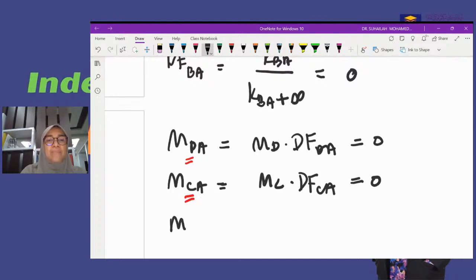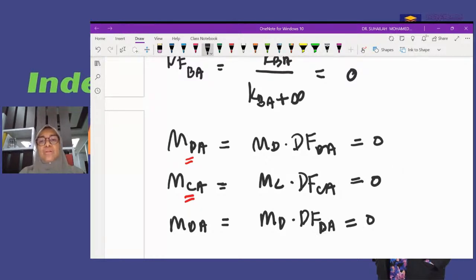And MDA is MD, moment at D, times distribution factor DA, so this is equal to 0 because the distribution factor is 0.